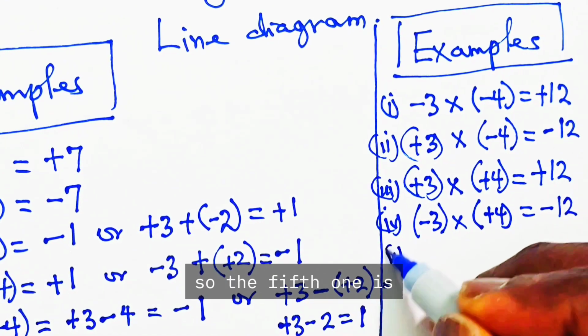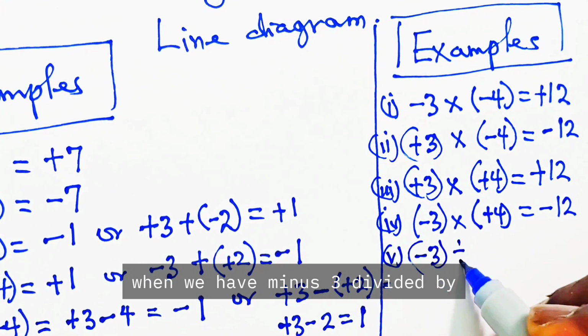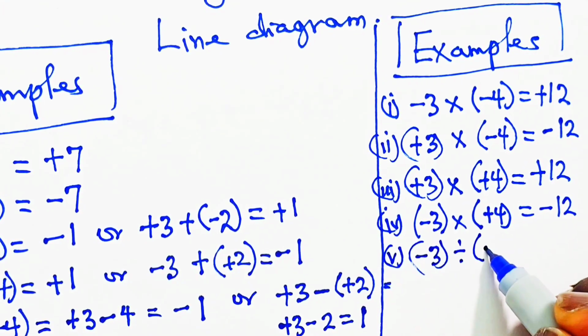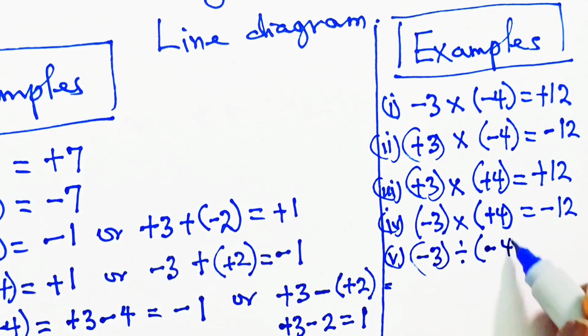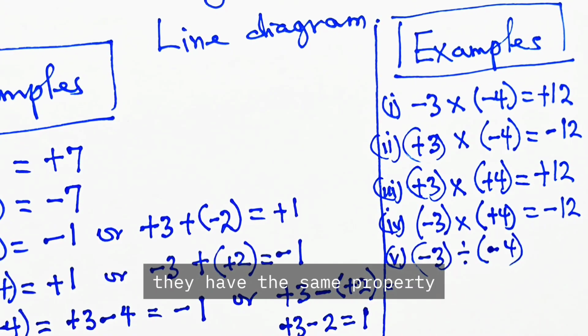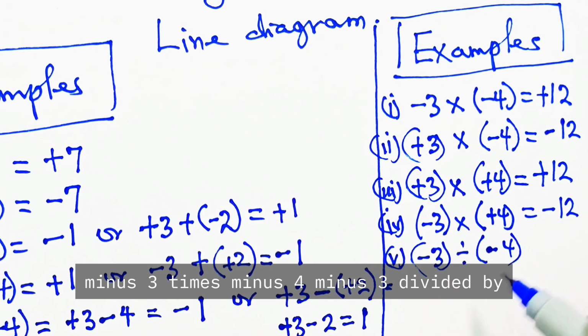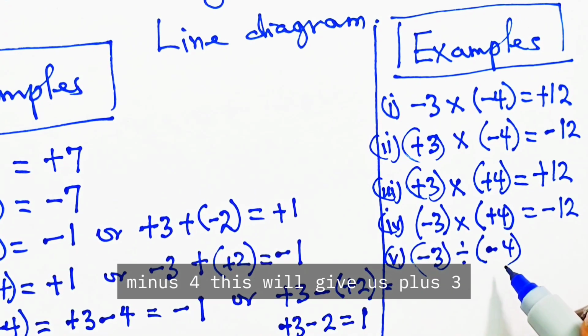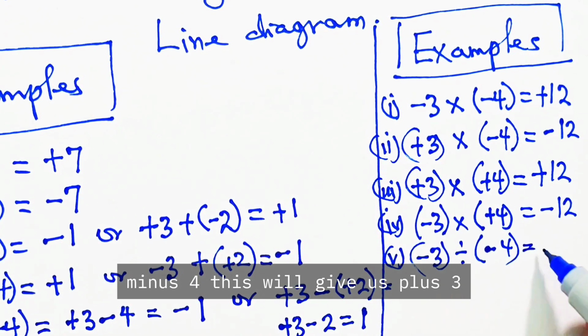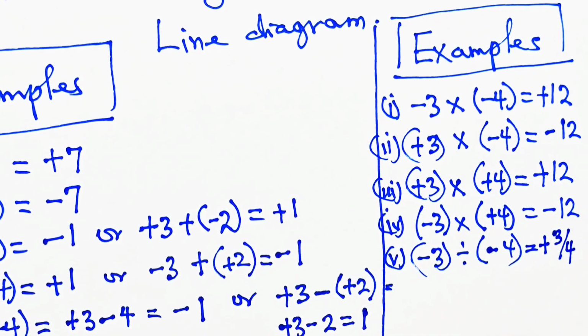So the fifth one is when we have minus 3 divided by minus 4. We are looking into divisions now. They have the same property. Minus 3 divided by minus 4 will give us plus 3 over 4.